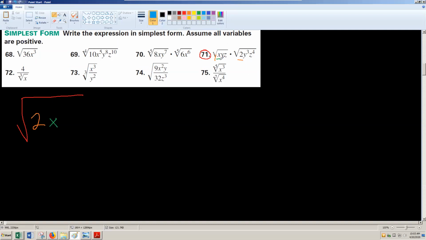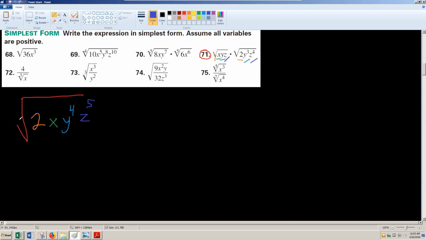For my y's, I have a y here, and y to the third here, so I have y to the fourth. And then for my z's, I have a z over here and a z right here, so I'm going to get z to the fifth.